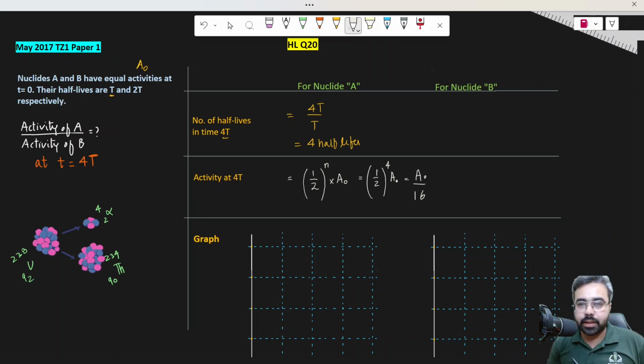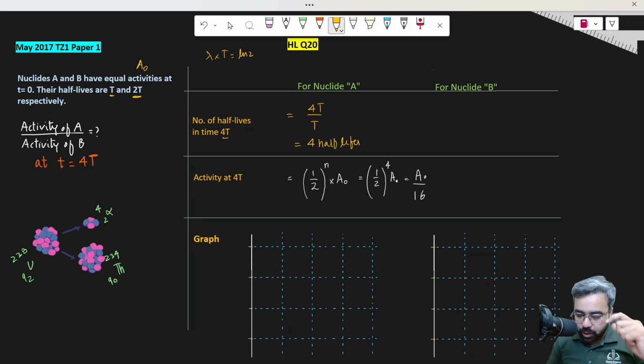So this is the activity of A after four half lives. Now we will apply the same for B. Since nuclide B has a half life two times more, it is decaying slowly. Its time period is longer because its decay constant is smaller, if you remember this equation.